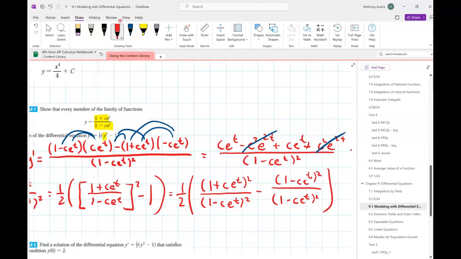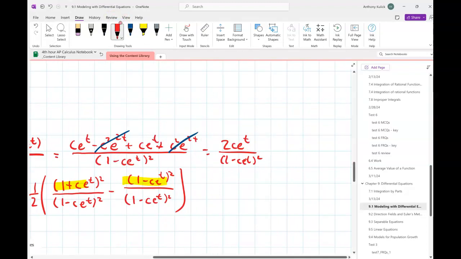Everybody feel okay there? Yes. So I'm going to FOIL these two guys out and distribute that negative through and see what happens.